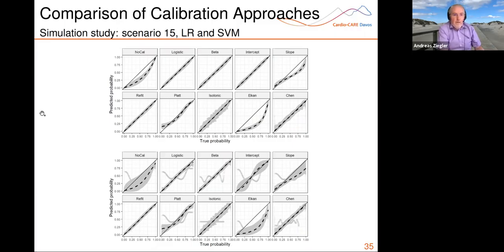This is one of the scenarios where we had a single covariate, but we had a change in the regression coefficient. When you run a logistic regression on these data, you get completely different results compared to when you run a support vector machine on these data. In fact, there were 2-3 simulation scenarios in which we saw some kind of weird pattern when fitting the support vector machine. So the tuning probably was not able to capture this completely.